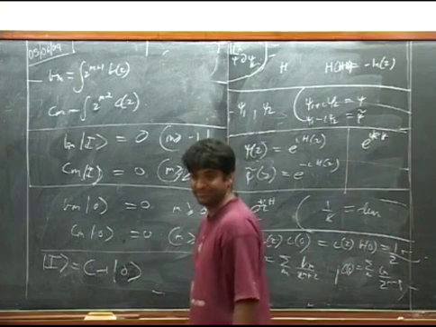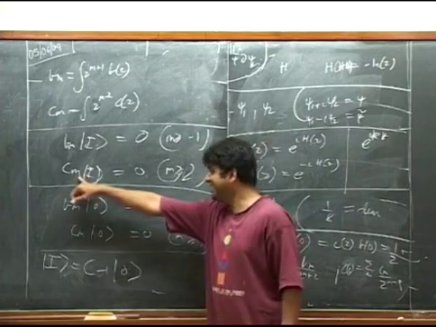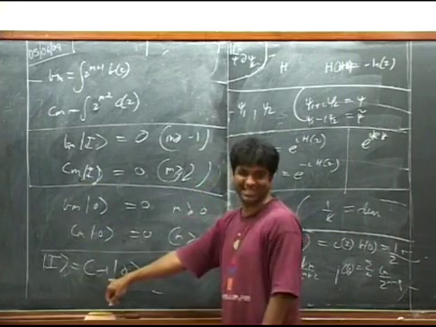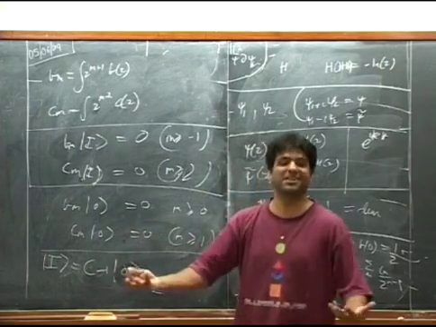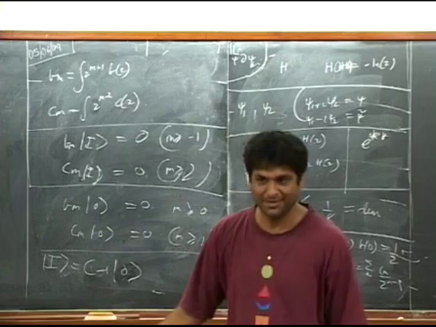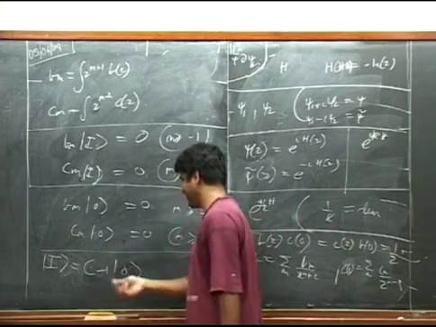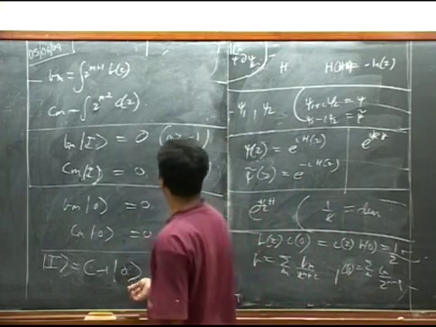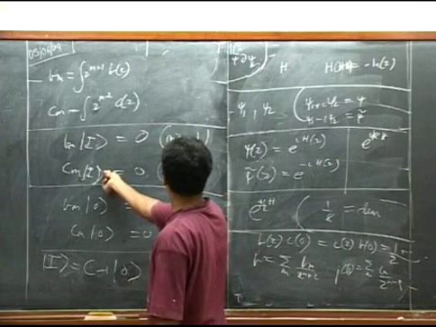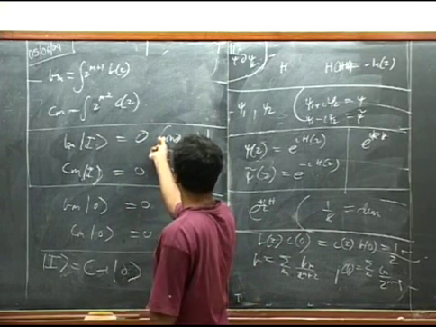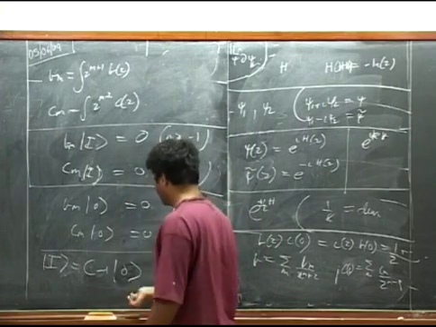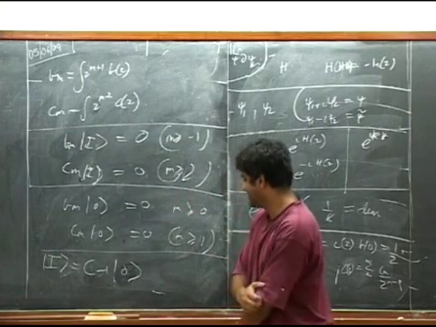You see, because C1 does not annihilate the state. So there's a creation, there's one unit of C minus 1 acting on the vacuum. On the other hand, B, what is it? This state here. B minus 1 does annihilate the state.